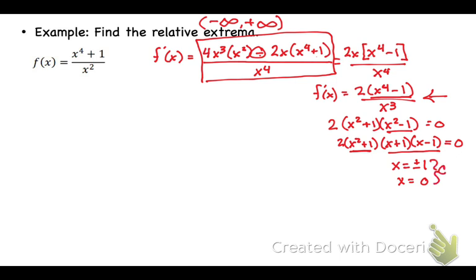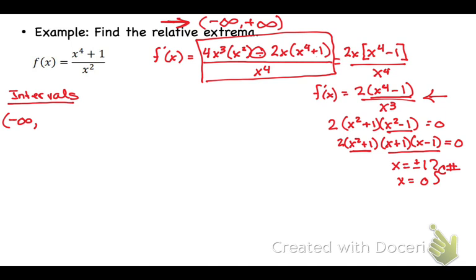Remember, I told you to remember that excluded values are also critical numbers, aren't they? Yes. Okay, so we're not going to have time to finish, but I want to set up our intervals, okay? So, where does my interval start? Negative infinity. To where?